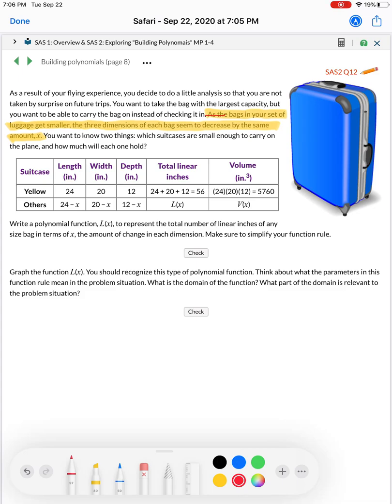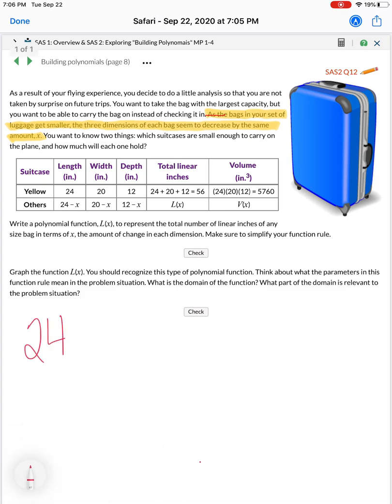All right. 2 things. Actually, more than 2 things. So we have 24 inches in length. We have 20 inches in the width. And we have 20 inches of how deep it is. Okay? So we know from number 11 that the total linear inches was 56 because it asked for the sum.